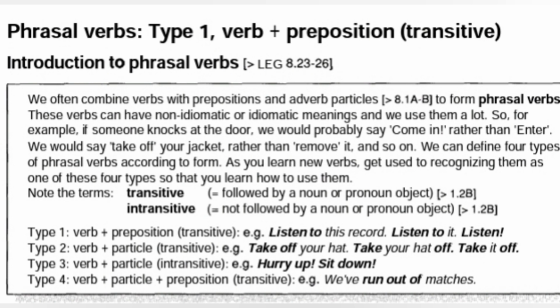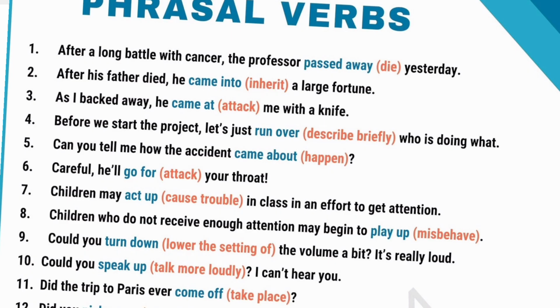Today we are going to talk about phrasal verbs, meaning verb plus preposition, transitive verbs. We often combine verbs with prepositions or particles to form phrasal verbs. These verbs can have non-idiomatic or idiomatic meanings, and we use them a lot.